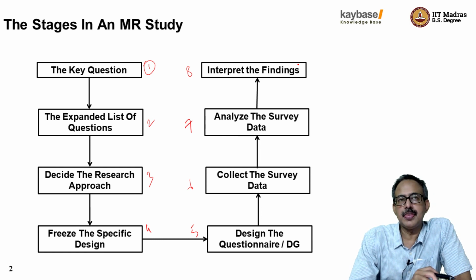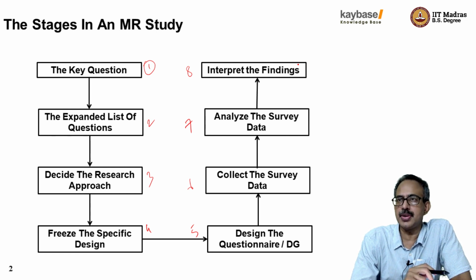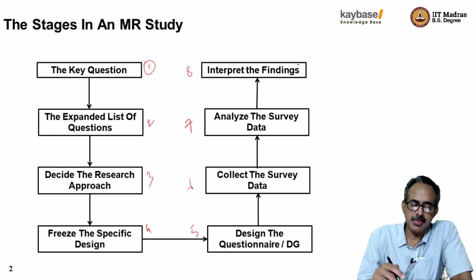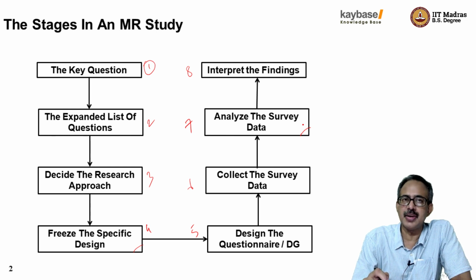If you remember in the earlier chapter, I talked about it's primarily a marketing subject and not a statistical subject. And you look at it here, there isn't much about statistics. Statistics comes a little bit here in specific design and sampling, comes a little bit in design and analyzing. But most of it is about good project management and good marketing understanding.